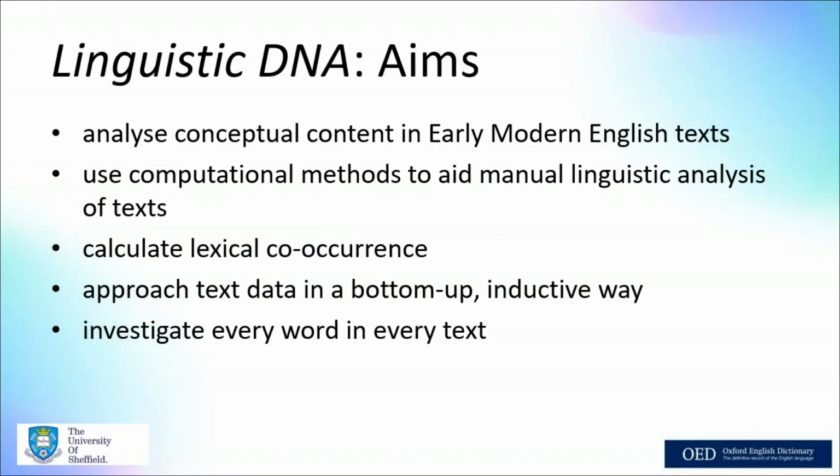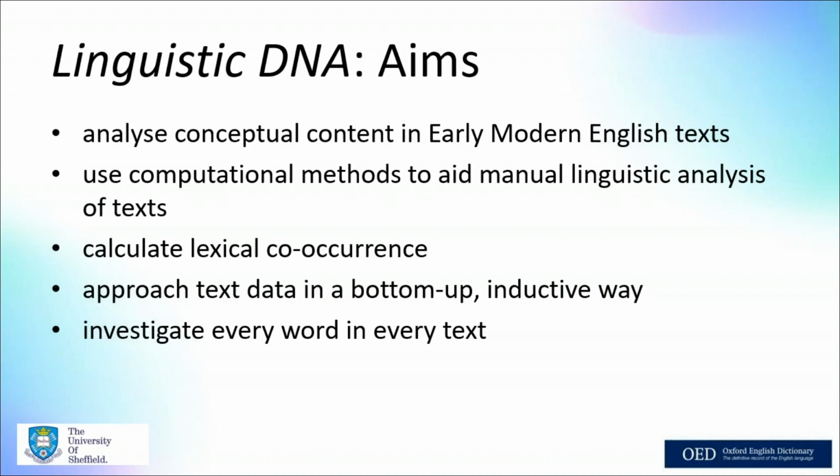So the Linguistic DNA Project started in 2015, and its aims were to analyze conceptual content in early modern English texts. So we knew that we were interested in concepts. We knew that we were interested in semantics and pragmatics in early modern English texts. We knew that we were interested in discourse and topic as well.